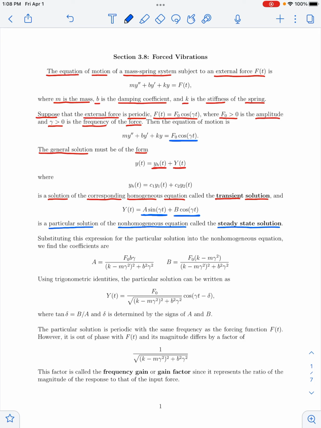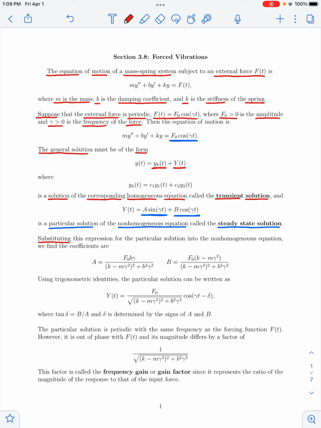And to solve for the constants A and B in our particular solution, we could find our first two derivatives and substitute into our non-homogeneous equation, and we obtain the following.